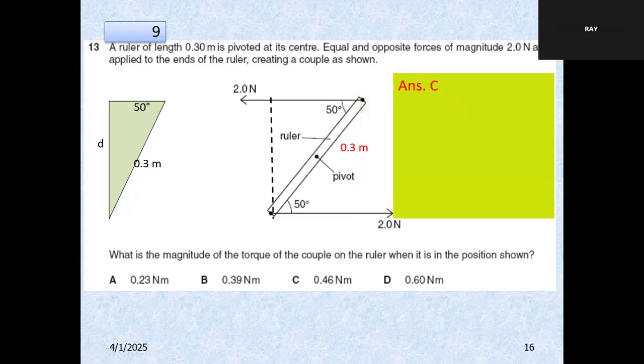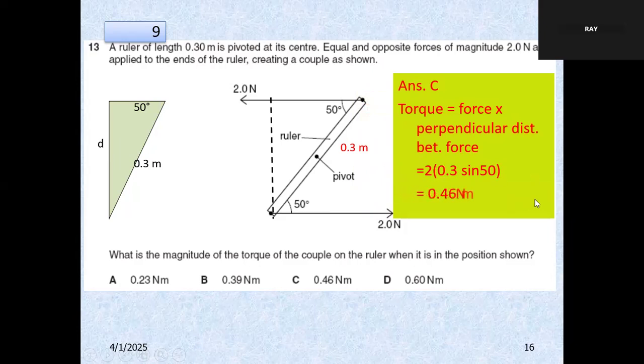The answer is C. Torque is one force and the perpendicular distance between the forces. So it's 2 times 0.3. This one is 50 degrees, so the further-away side must be sine, no? 0.3 sine 50. Okay?